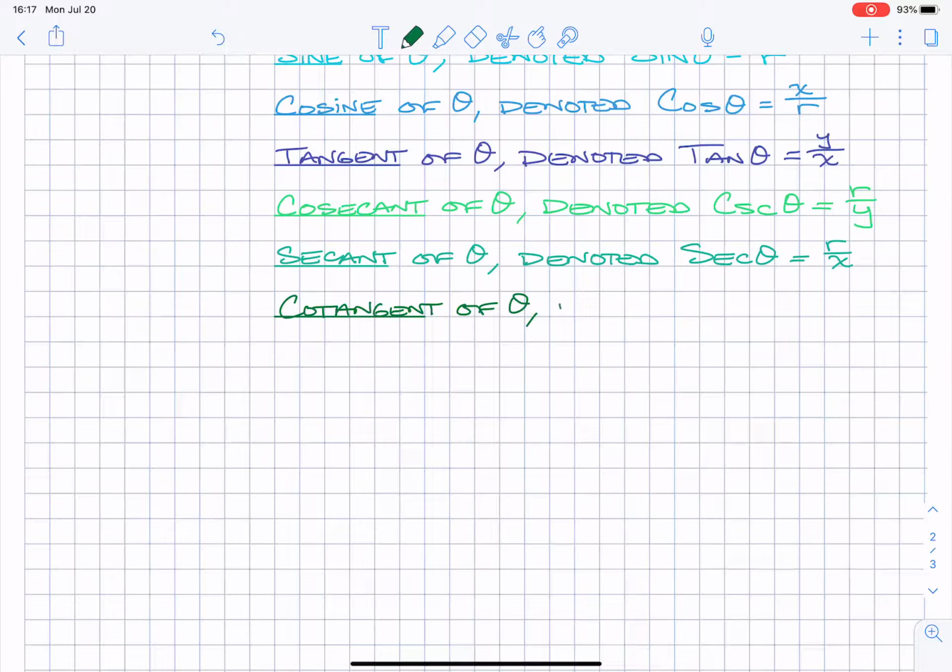That's going to be denoted, so we have to be careful again, COT of theta. Now notice we have three that begin with C, so we have to be careful. One's cosine, one's cosecant, and this is cotangent. Cotangent is going to be x over y, which looks like the reciprocal of tangent.